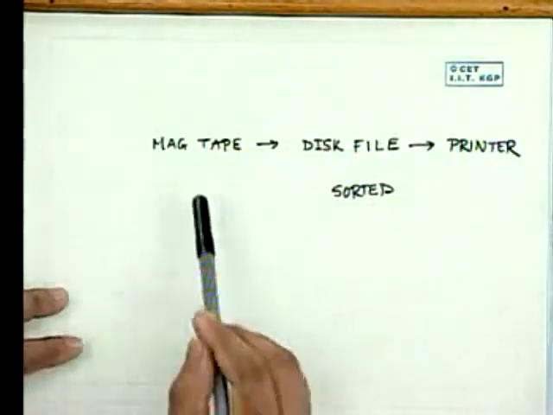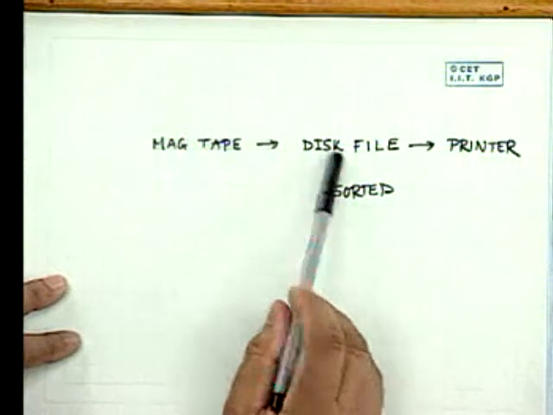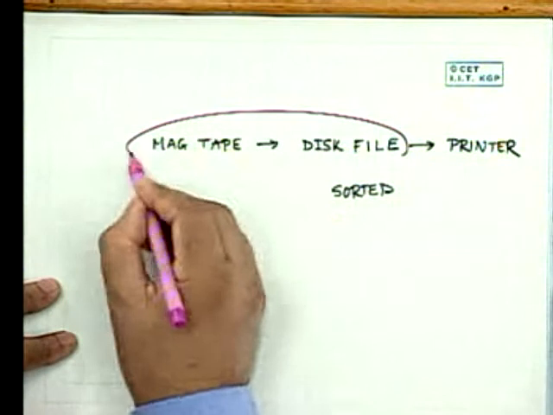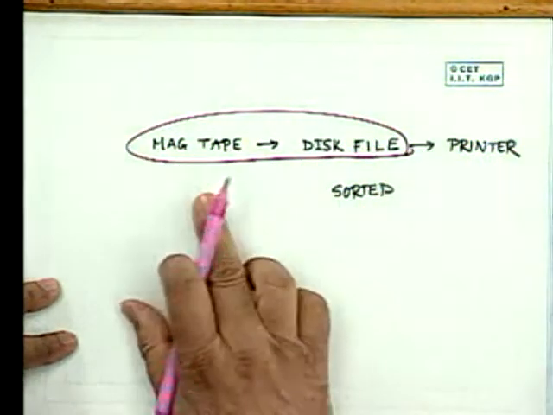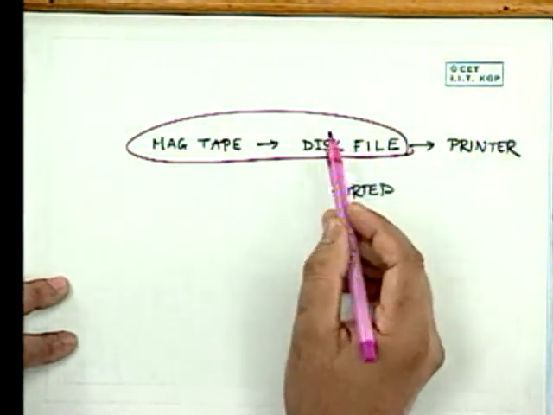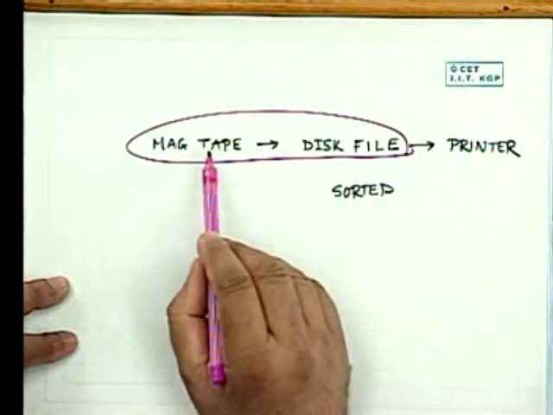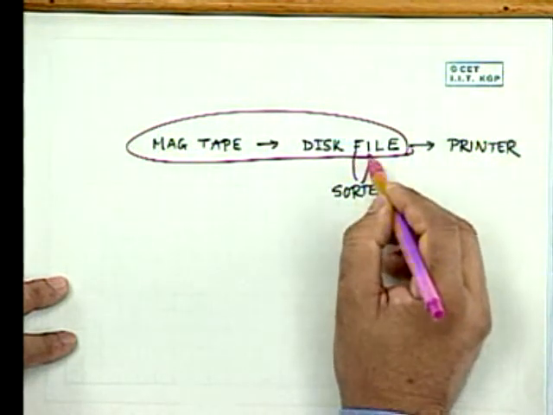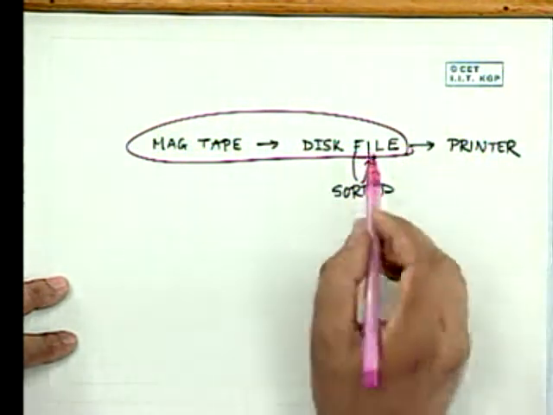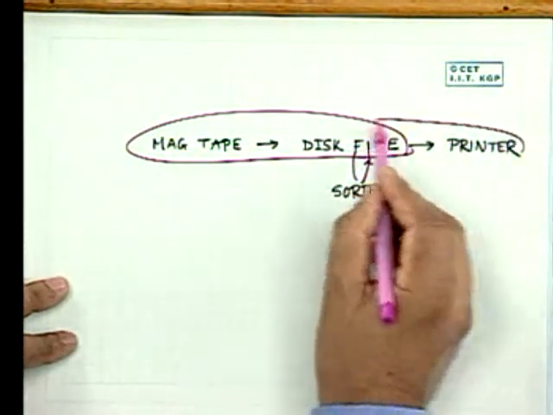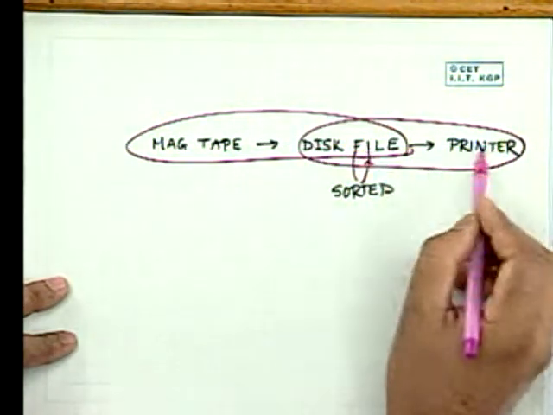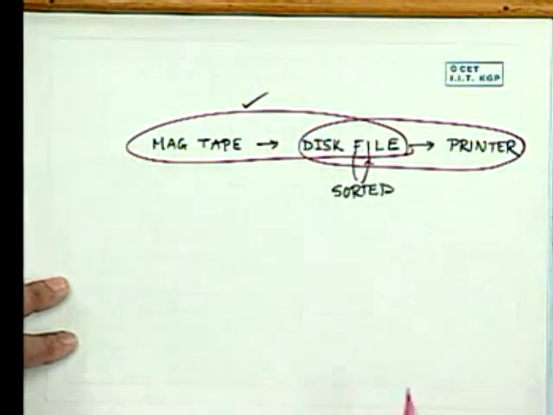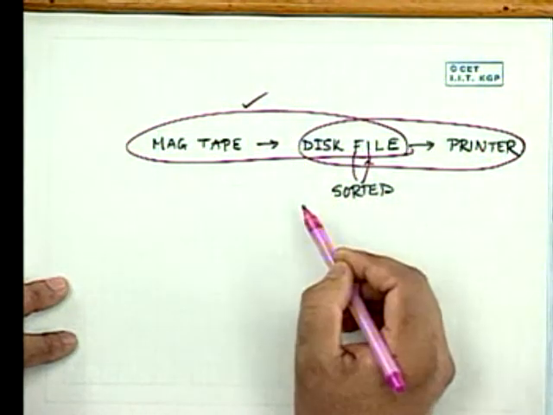Initially the process will need the Mac tape and the disk file, and therefore it requests these two. Once allocated, the process copies the Mac tape to the disk file, and the disk file is sorted. Then the disk file is needed next, with the printer.